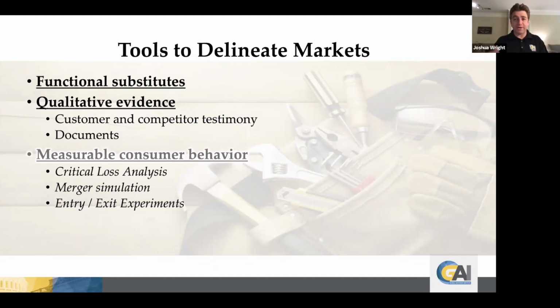I hold both up and I say, look, here's coffee and here's tea. Are they close enough? They're both liquid. They both have some caffeine. They're both mostly drunk warm. Close enough or not? And we get some sort of qualitative, subjective judgment. And that still happens, right? You get to focus on the reasonable interchangeability of the products.